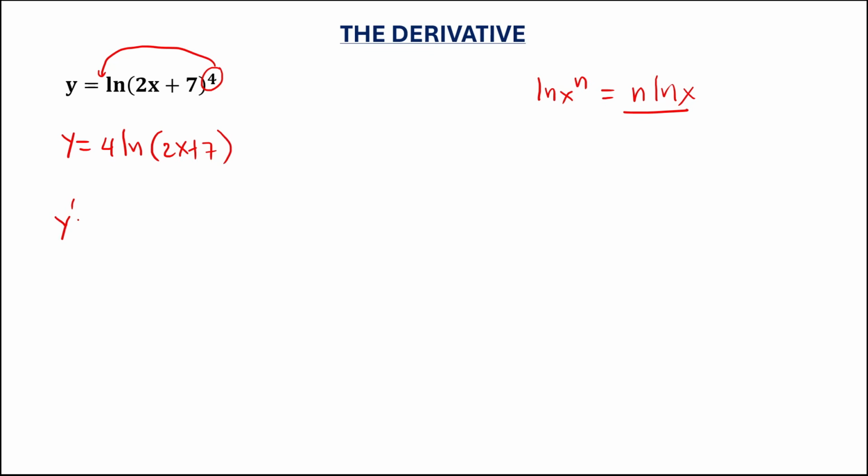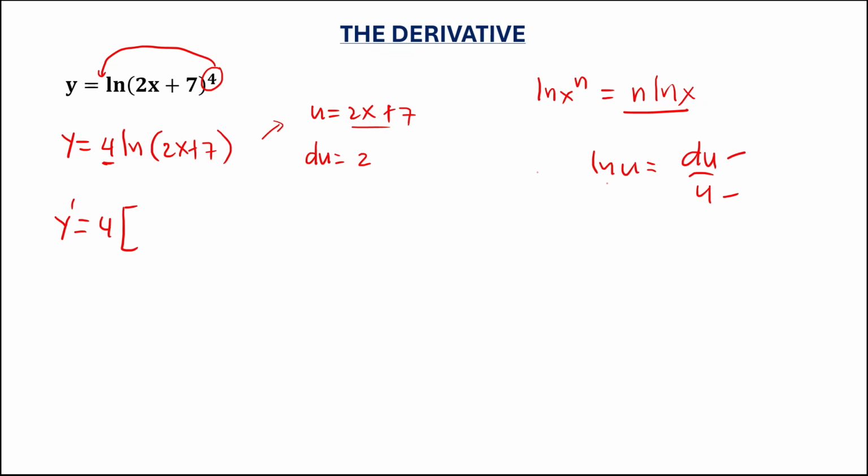Then to evaluate the derivative, first bring down this constant, times the derivative of ln u. Again, the derivative of ln u is du over u. From this given, u is equal to 2x plus 7, and the derivative of u is 2.